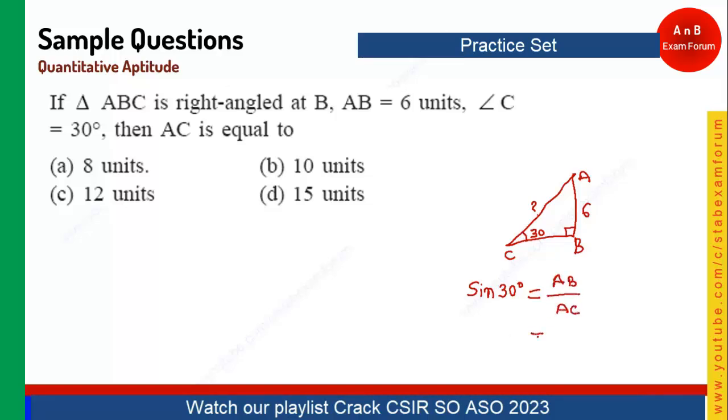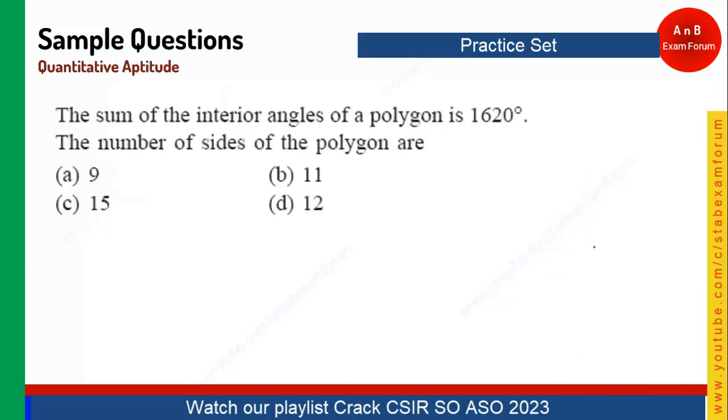So the length of perpendicular is 6, and you need to find AC, and student, sine 30 is 1 by 2. So therefore your AC is 12. So those who have given 12 as their answer, they are correct. They are doing the right preparation. Shall we move to the next question?